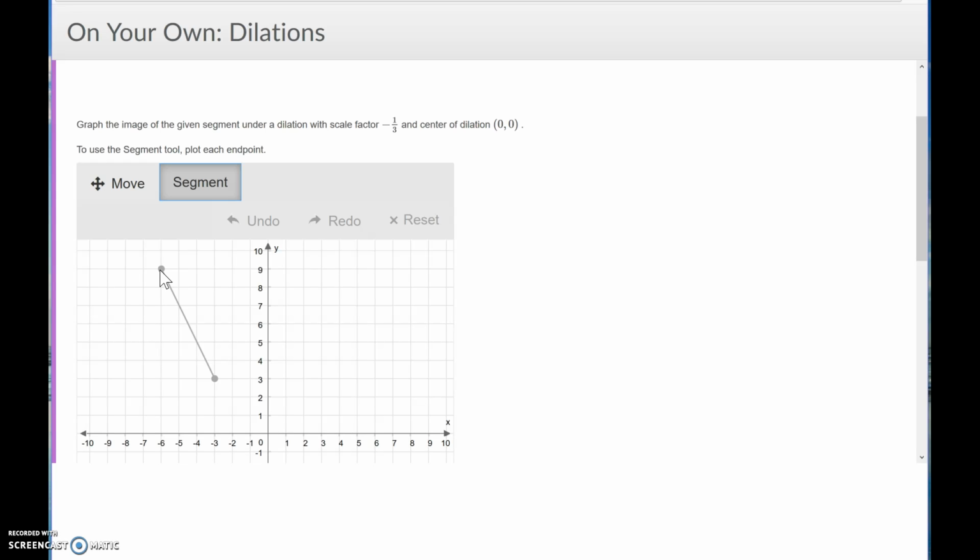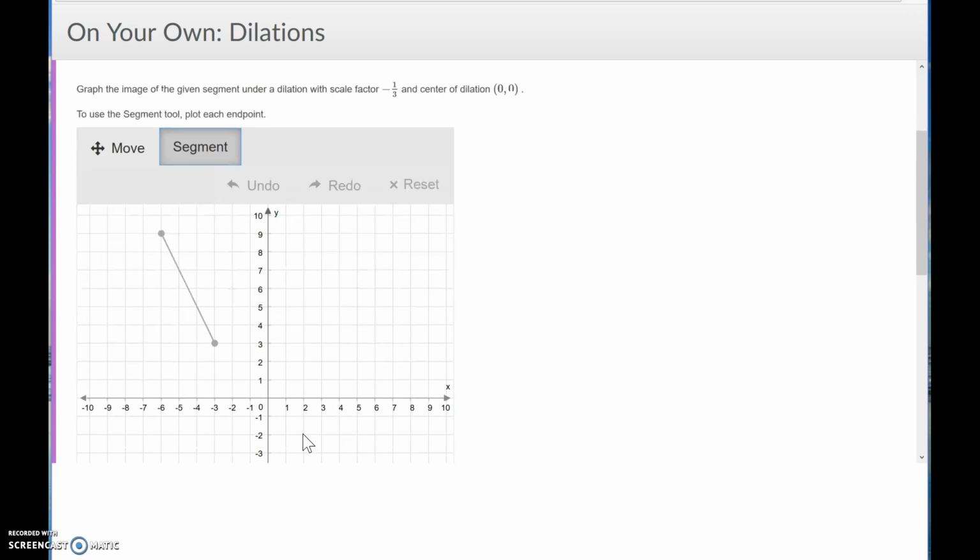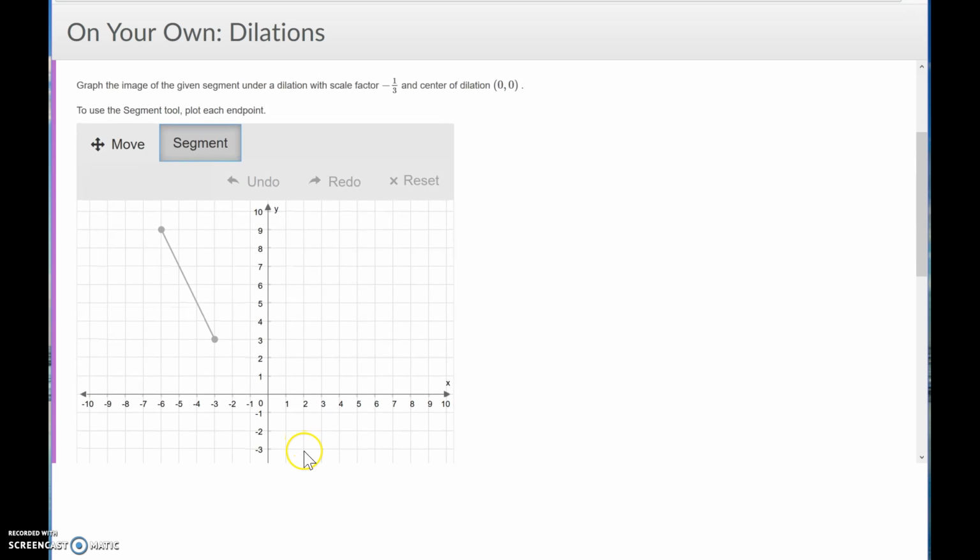Let's start with our x coordinate. Negative 6 divided by negative 3 would give us positive 2. So that's our new x coordinate. And then 9 divided by negative 3 would give us negative 3. So our new coordinates are right here.